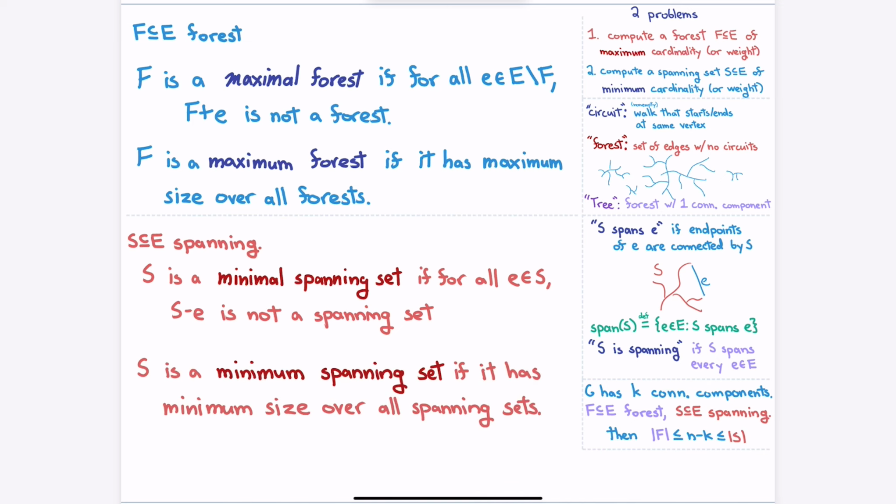Minimum means it's truly the smallest possible set of edges that's still spanning. So local versus global. One thing kind of interesting is that we would love to get algorithms for maximum forest and minimum spanning tree. But suppose I said, can you give me an algorithm for maximal forest? What might you do? I just want a maximal forest.